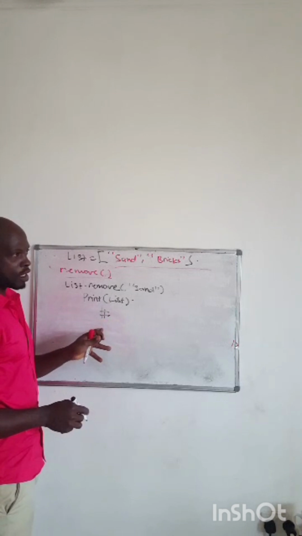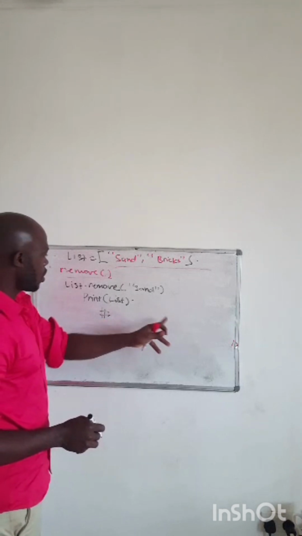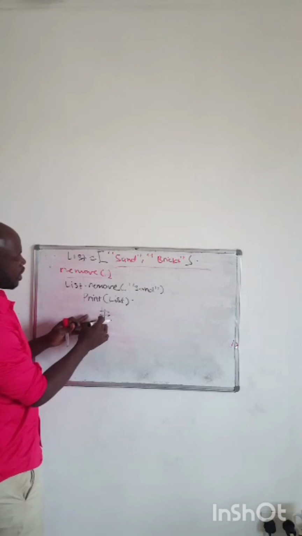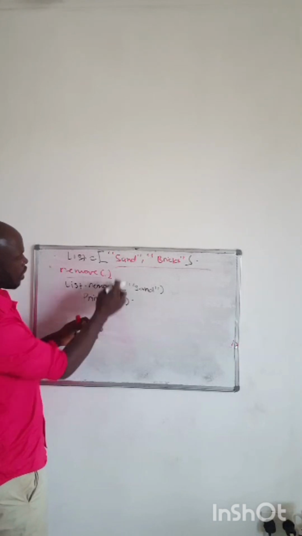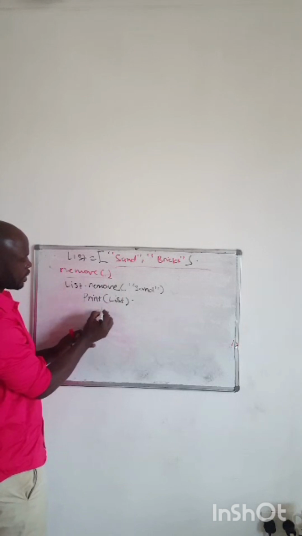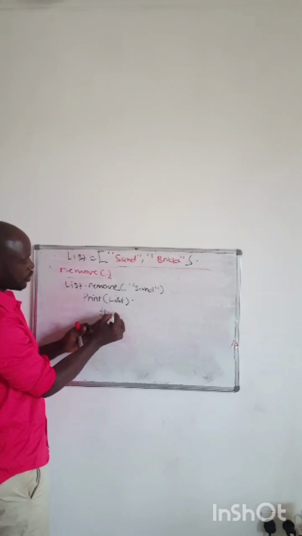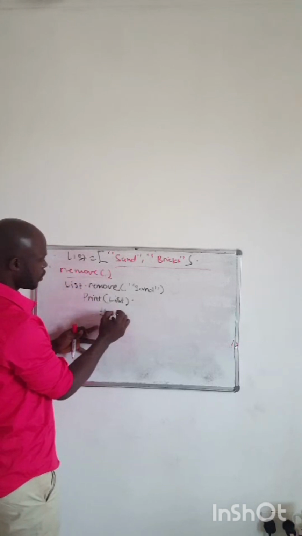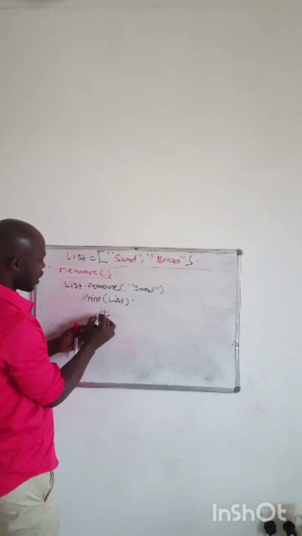So this is just for explanation of our code. So now we are going to see the result of our code, what is going to be printed. So this hash plus what follows is just for showing us what is going to be put out by the program.